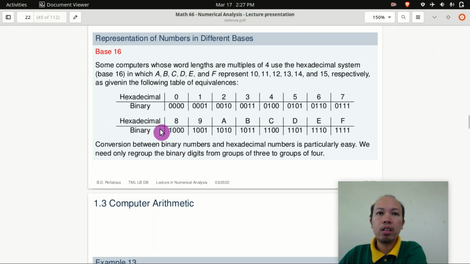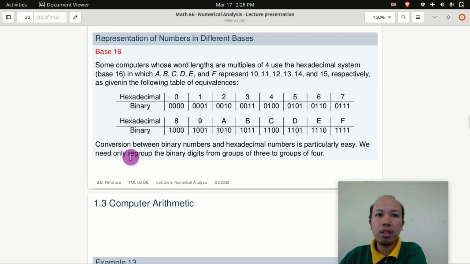But anyway, if you are going to convert binary to hexadecimal or hexadecimal to binary, you will use this table. Before we go to the example, let me read this sentence here. It says, conversion between binary numbers and hexadecimal numbers is particularly easy.